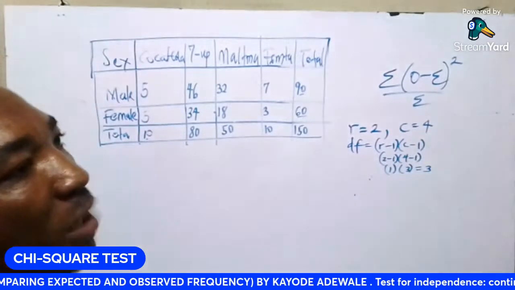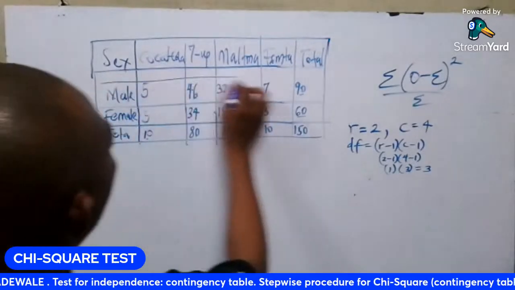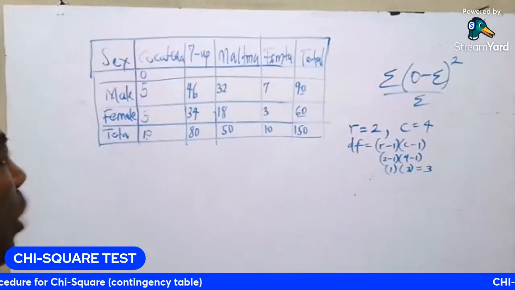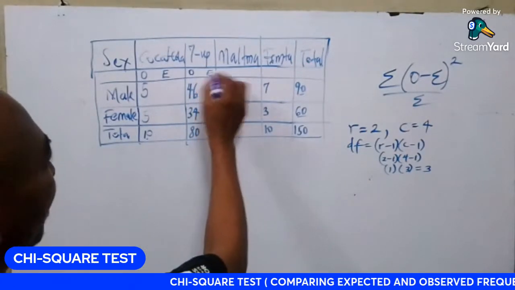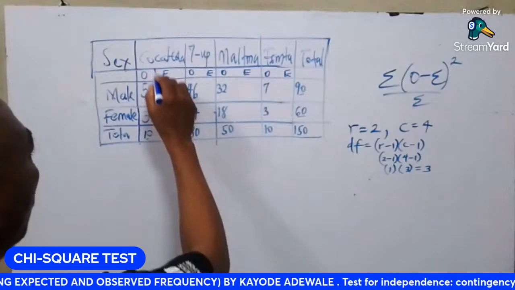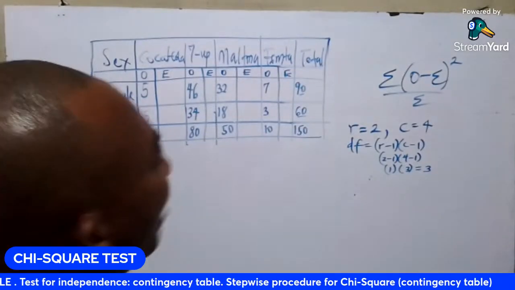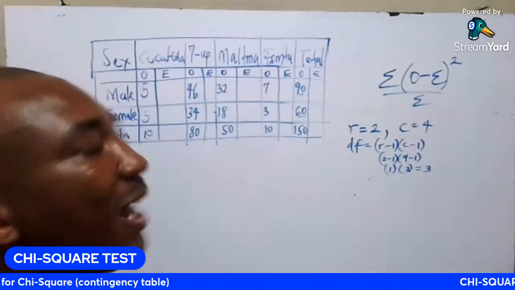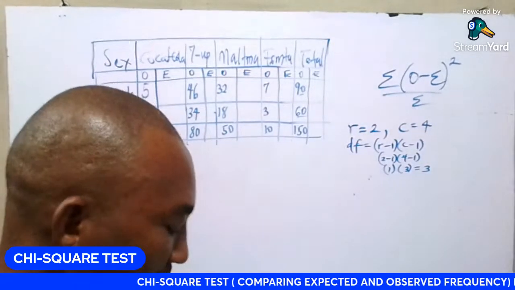All these numbers we see here, because this is just a question, are observed values. You need to get the expected value for each. This is observed, and you need to get the expected value. So all these are just observed values, and we need to get the expected values. That is the second step.